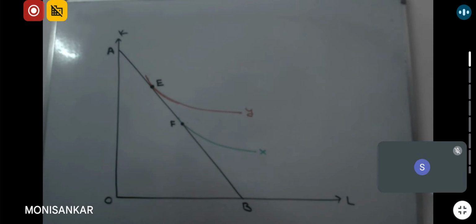So here X and Y represent the unit isoquants for X and Y.